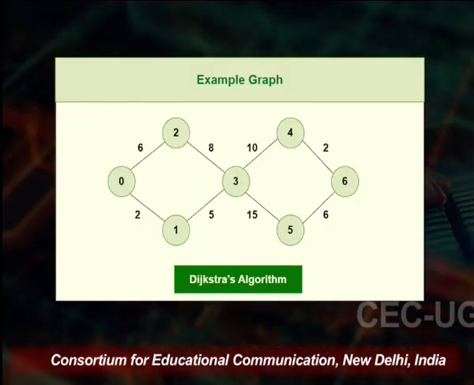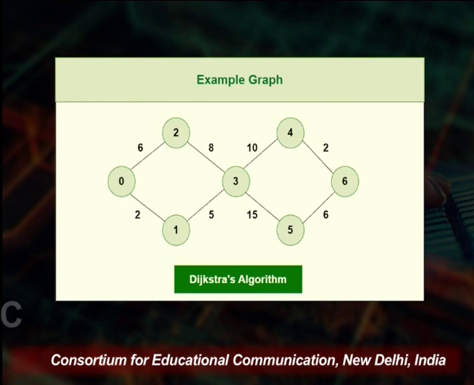Now, distance is going to contain the shortest path, and predecessors are maintained in order to reconstruct the current path.